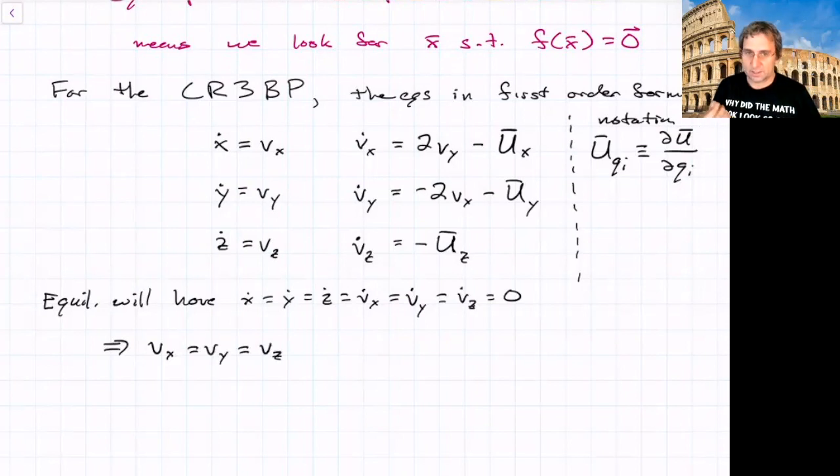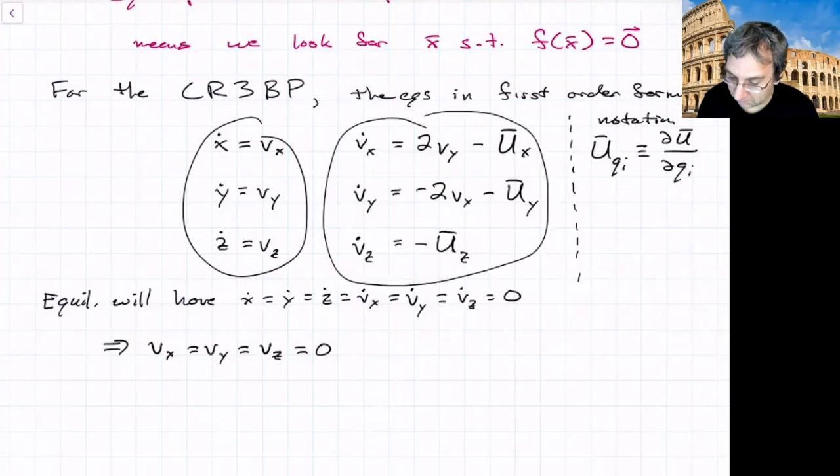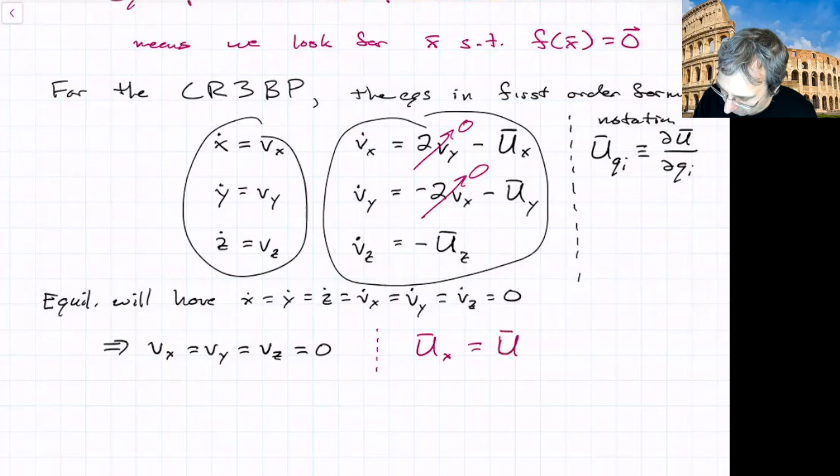If you've got a point that's equilibrium, then there's no velocity. But then we also want no acceleration. So all of these have to be 0. Well, if Vx and Vy are both 0, then those terms are already 0. And so we're just looking for where U bar x, U bar y and U bar z, the partial derivatives in all the directions, equal 0.